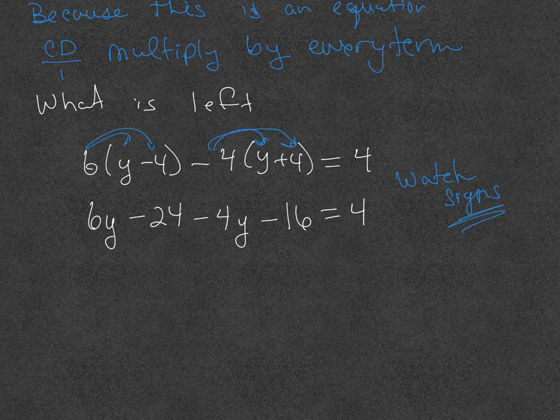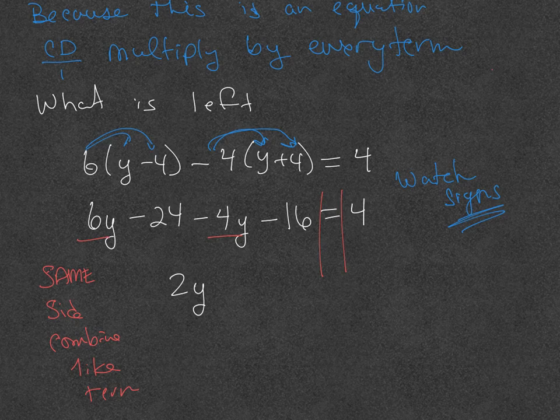Okay, now, just a quick review. Remember, this is an equal sign, correct? So when you are on the same side of the equation, you are combining like terms. That gives me 6y minus 4y, so that would be 2y. And then the 24 is negative and the 16 is negative.